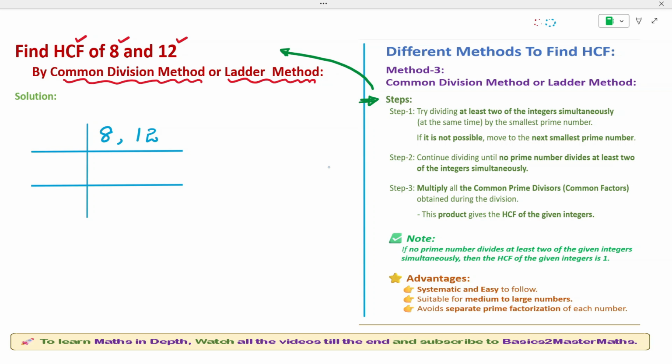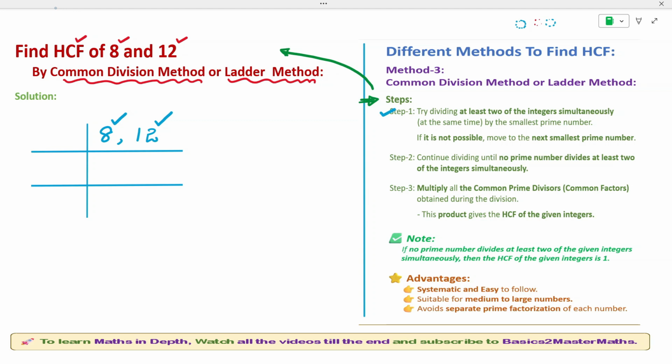Observe, in this case, we have only two integers. So, the prime number must divide both the integers simultaneously. Step 1.